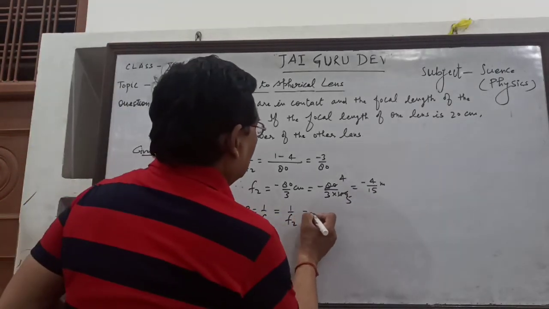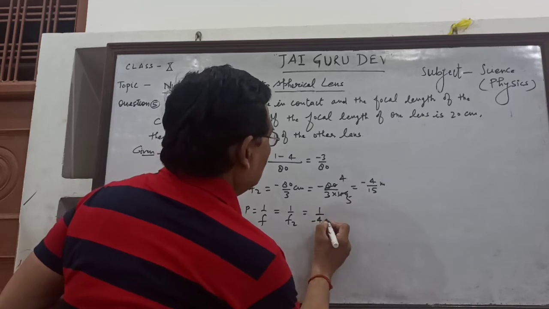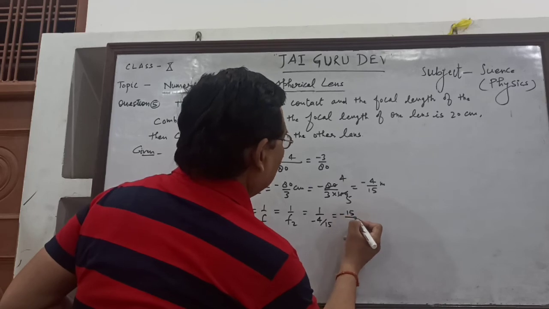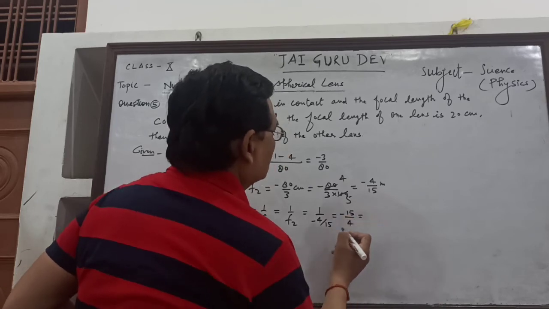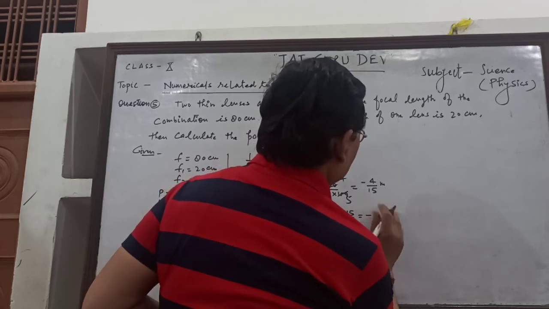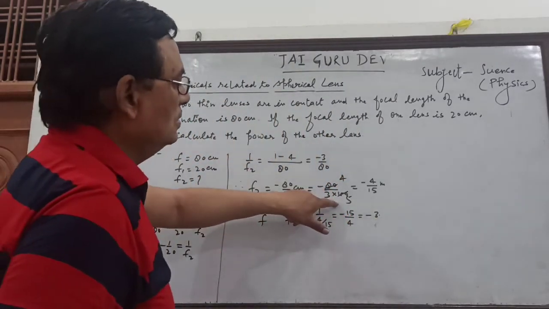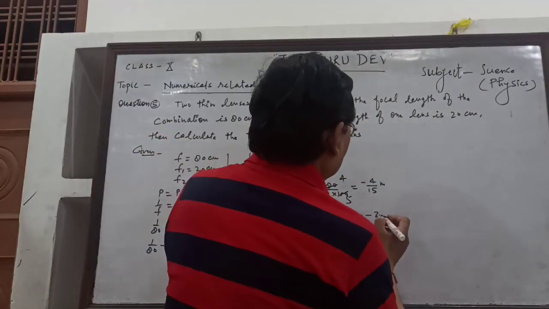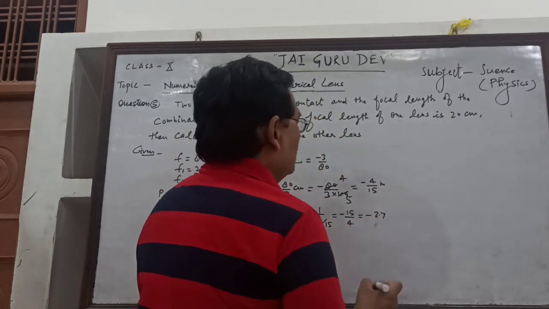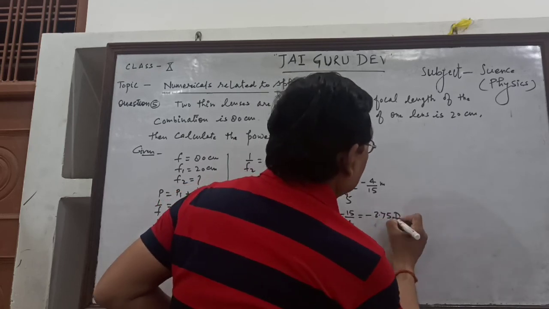So 1 upon value of F2, minus 4 upon 15, overall minus 15 upon 4, so minus 3.75 diopter.